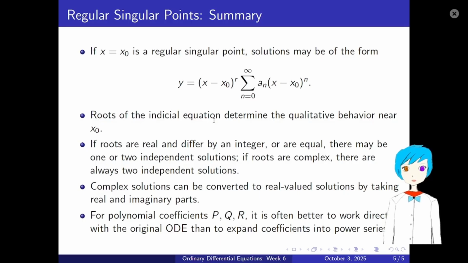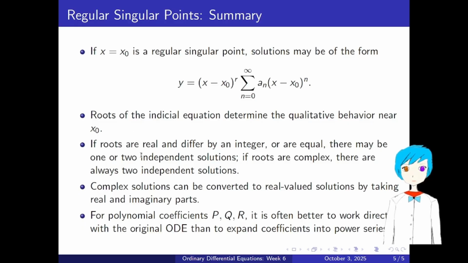So for regular singular points, we can definitely apply the power series method. We use this Frobenius form, (x minus x0) to the power r times a series function, to determine r as well as the recurrence formulas. So the roots of the indicial equation for the lowest order term determine the qualitative behavior near the singular point x0.